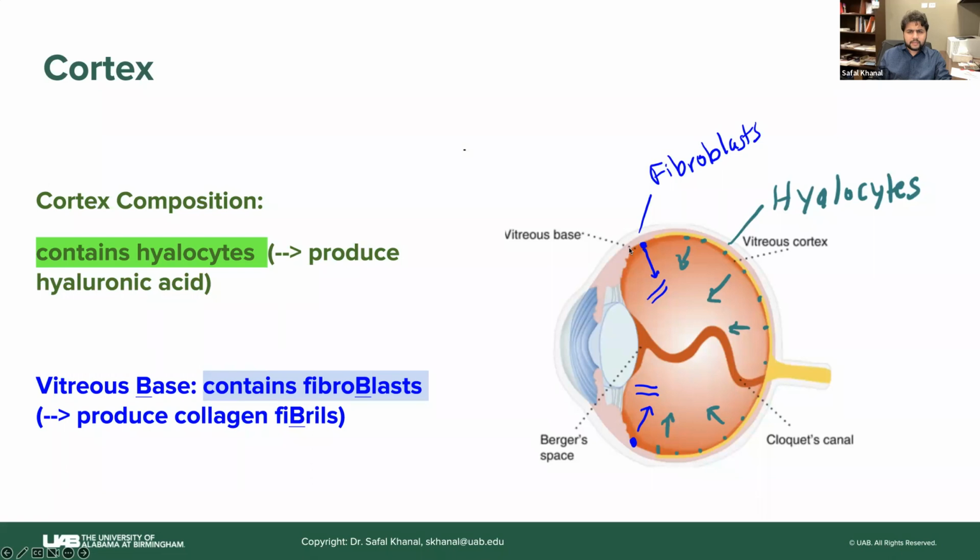The vitreous base, on the other hand, contains fibroblasts. It is where the vitreous membrane, neural retina, and then the pigment epithelium are all connected together. And so these fibroblasts produce collagen fibrils for the vitreous.